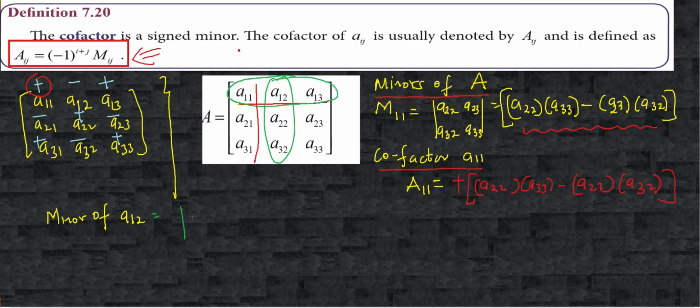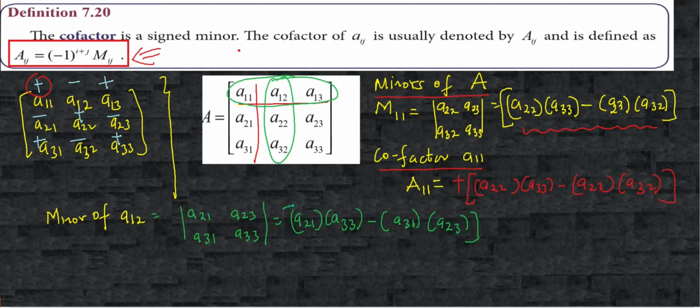That would leave you with A21, A23, A31, and A33. Obtain the determinant. That's going to be A21 multiplied with A33, followed by a negative sign, and then A31 with A23. It doesn't matter which order you write them. This is the output for the minor of A12.